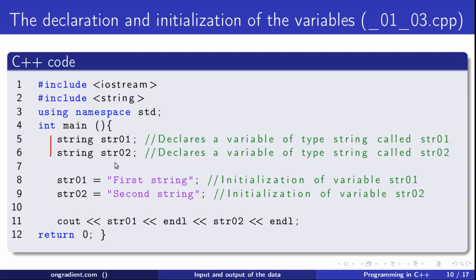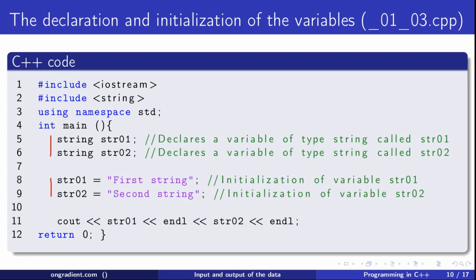We have set their type. It is string, so these variables will contain strings. Details of the variables and their types we will learn later in the next lesson. After declaration, these variables are empty. Their values are undetermined.